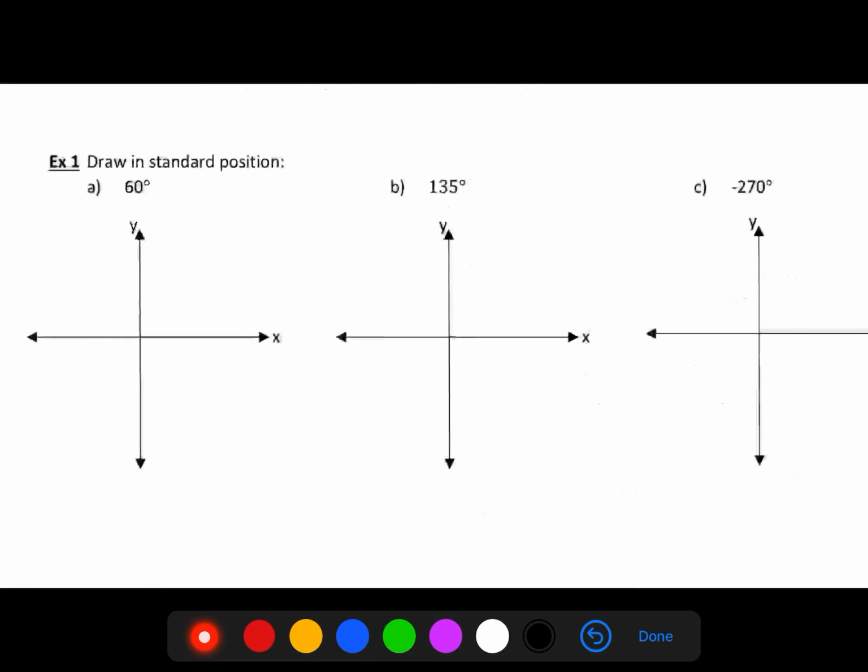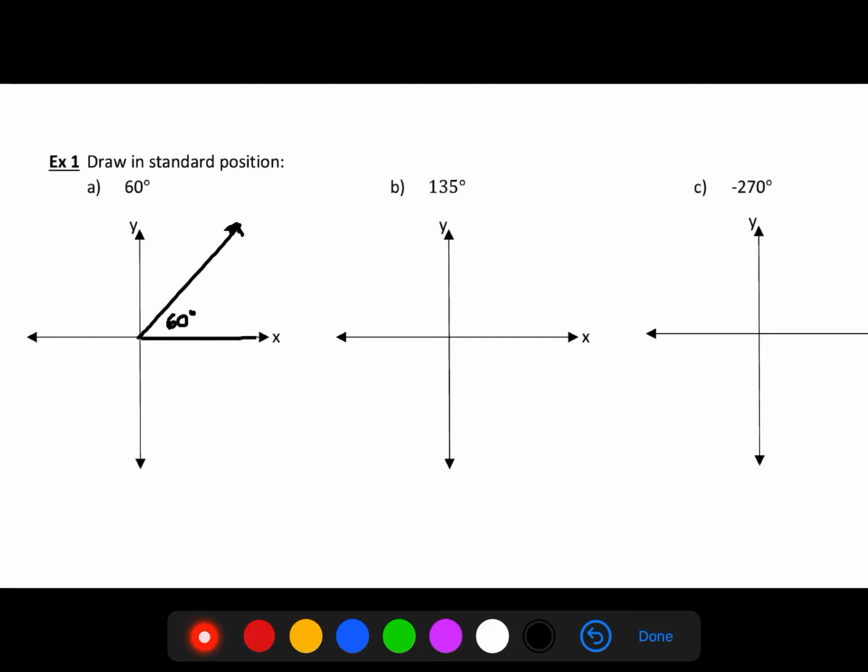So to draw in standard position, again, we are starting with our initial arm of the positive side of our x-axis, and we are drawing our angle, our terminal arm, to create that 60-degree angle in between those.